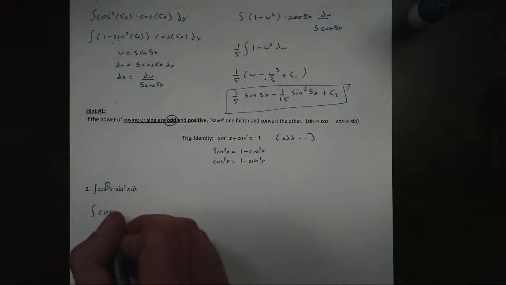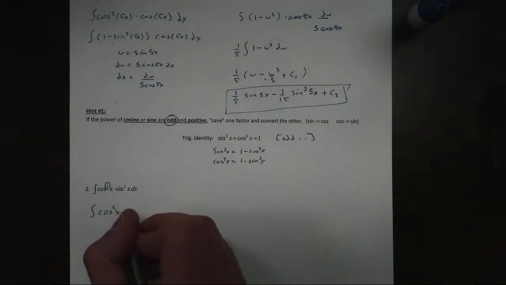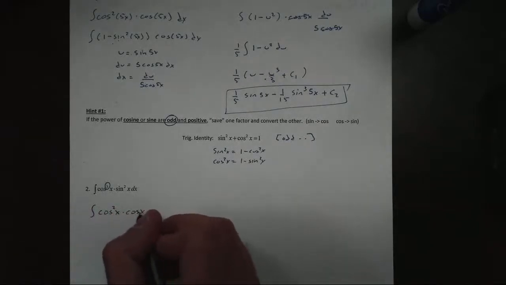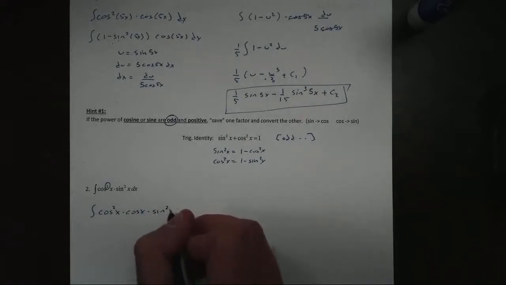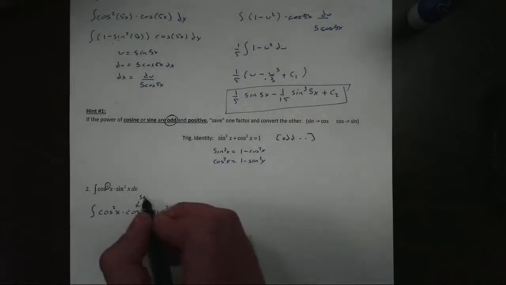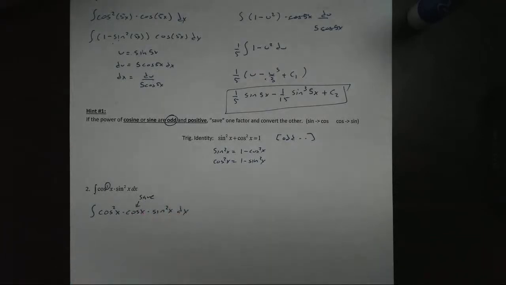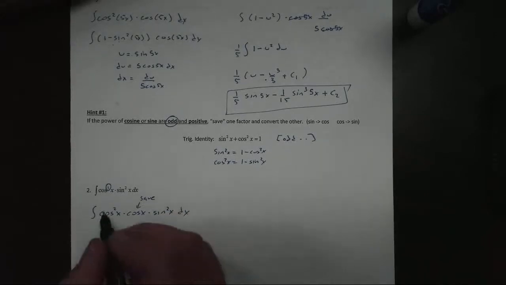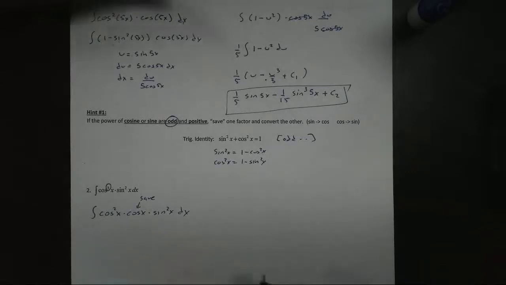And that's going to leave me with cosine squared of x times the cosine of x times the sine squared of x dx. The one by itself, that's the one I'm going to save for later. We're going to save it like dessert. Like when you're eating dinner, you save your vegetables for last. Just kidding, I always eat mine first, get the pain out of the way. So there's one I'm going to save.